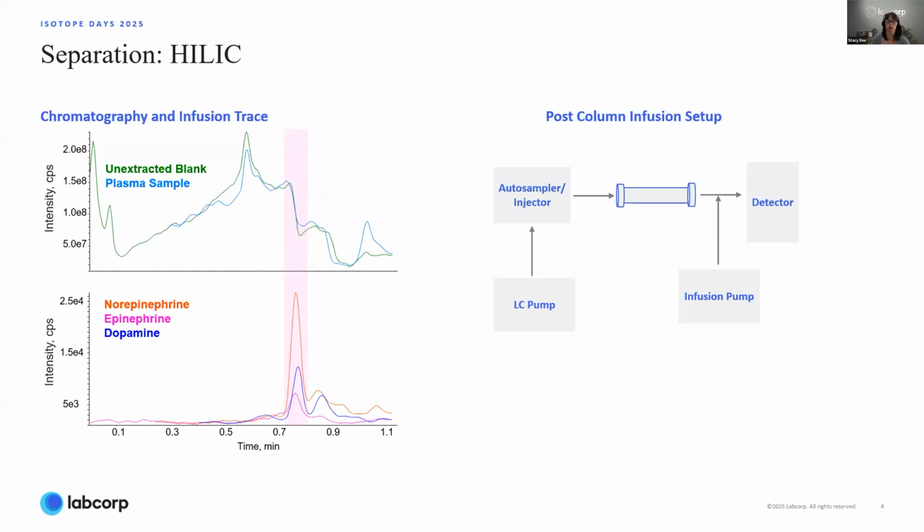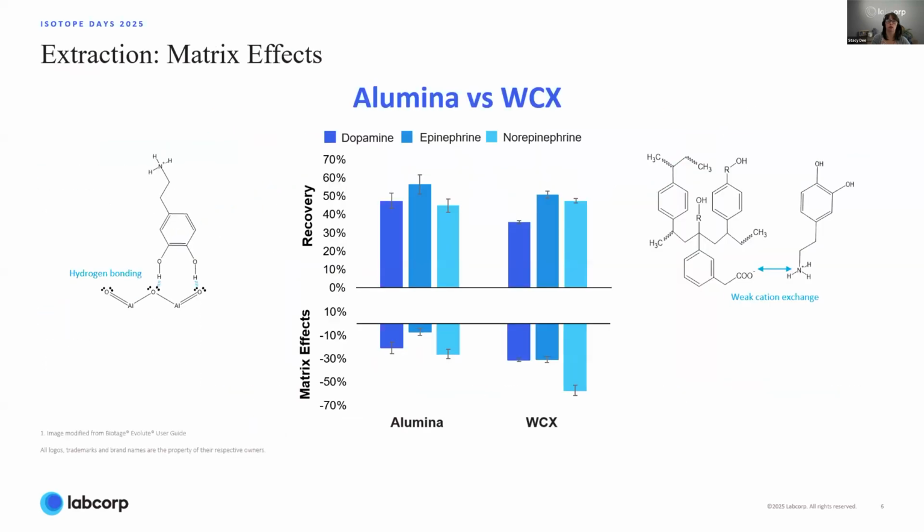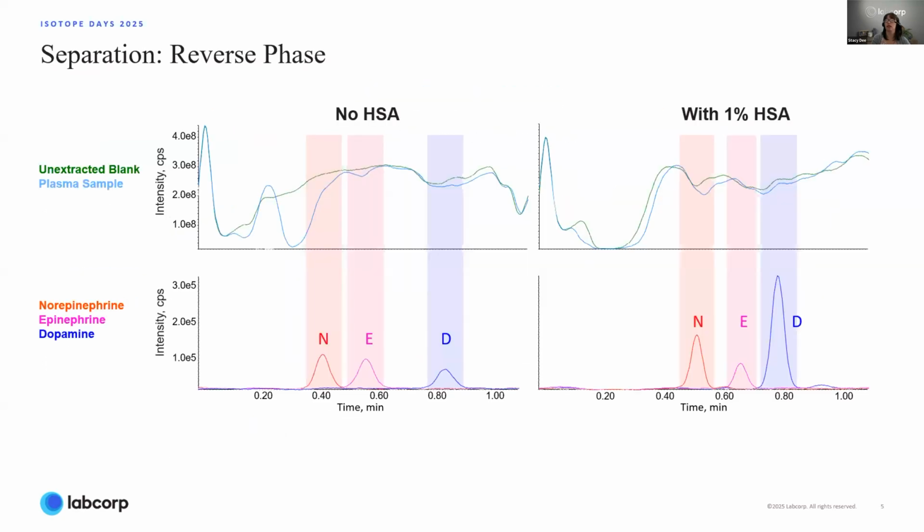And what we see here is just that we're in a suboptimal ionization space with this particular separation. So we chose to go to reverse phase, whoops, sorry about that. Reverse phase where we got much better separation. But if you look down here, I don't have the K prime on here, but this is almost at the solvent front where norepinephrine is eluting. So we needed more control because, as you can also see in this trace, there's an area of suppression in plasma samples that you don't see in neat samples.